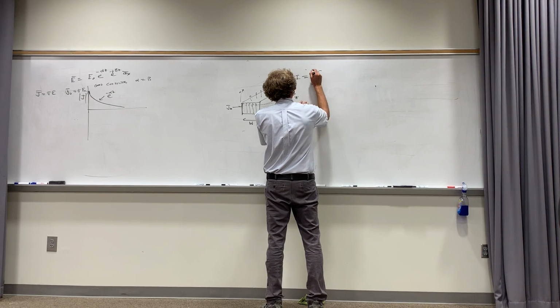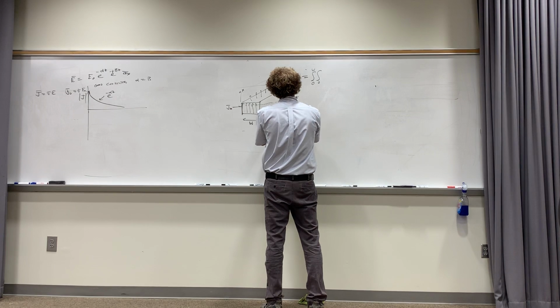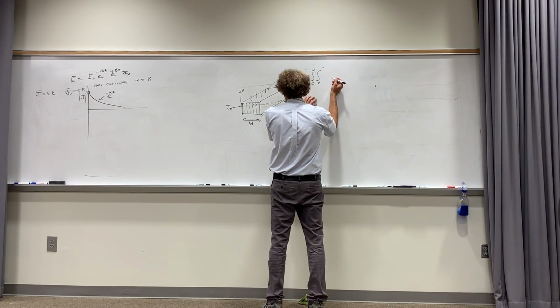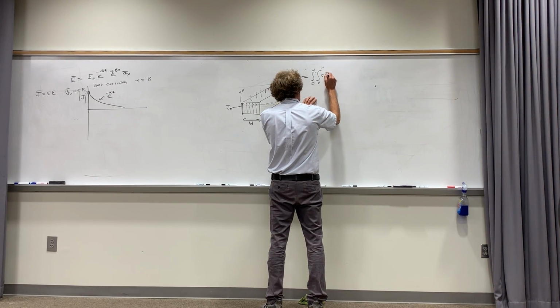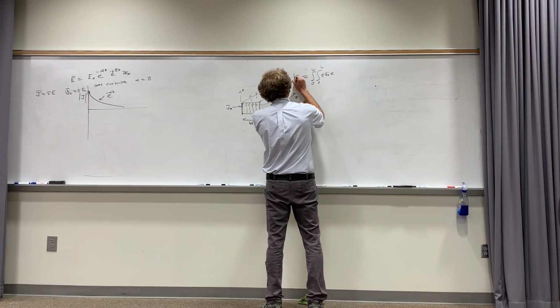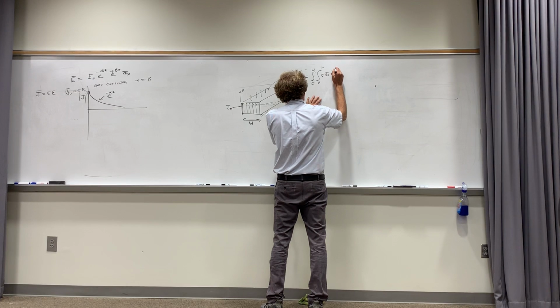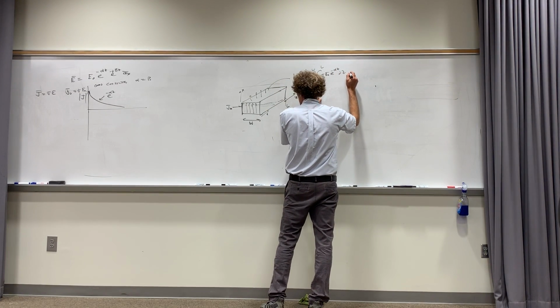We go from 0 to W, and from 0 to, I'll call this point L, in the Z direction, of the current density, which would be J naught, which is sigma E naught, times e to the minus alpha z dz, and it would also be dy.